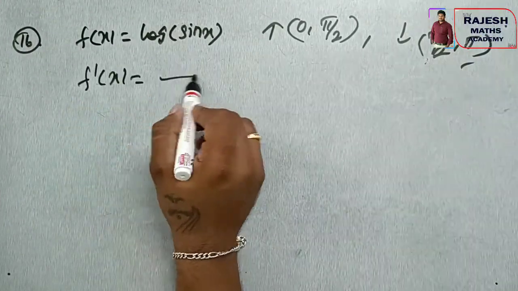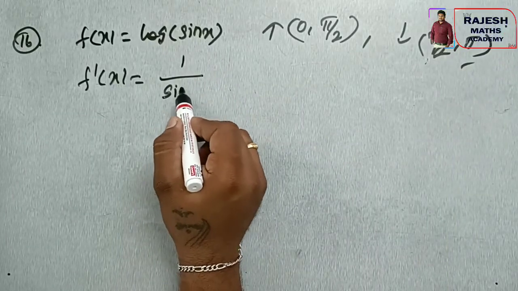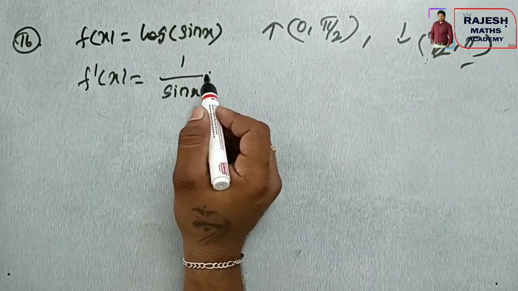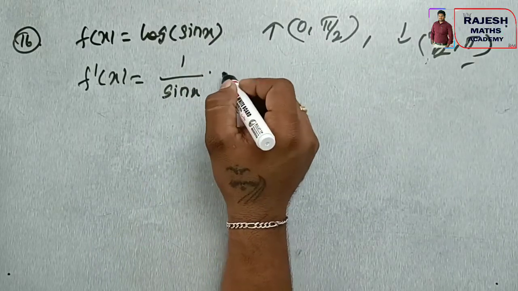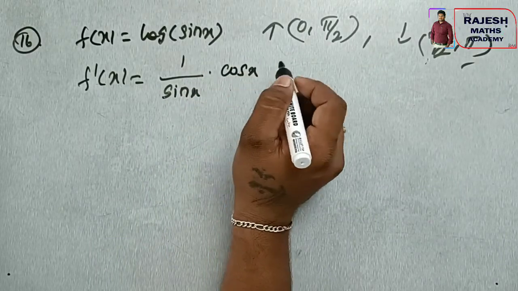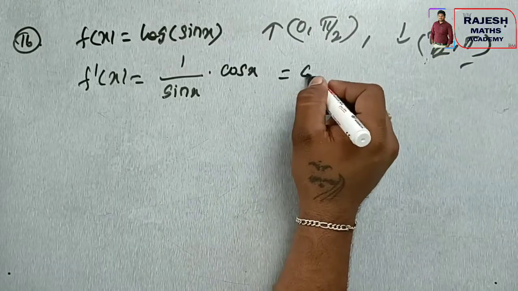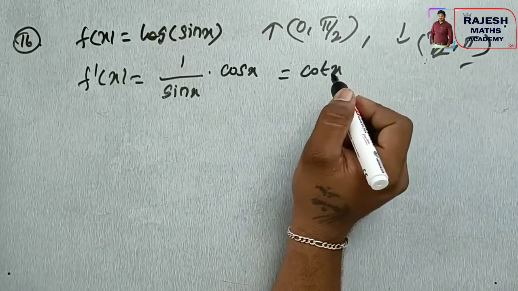What is f dash of x? Differentiation of log x is 1 by x, so 1 by sin x will come. Then we have to multiply by the derivative of the inner function. Differentiating sin x gives cos x. So that equals cos by sin, which is cot x.